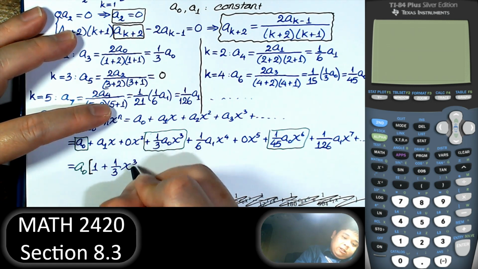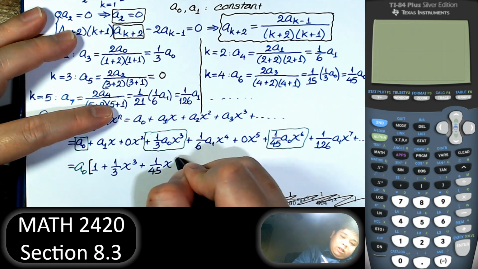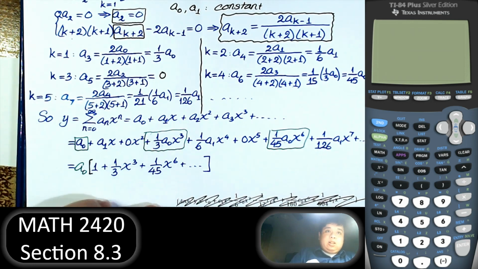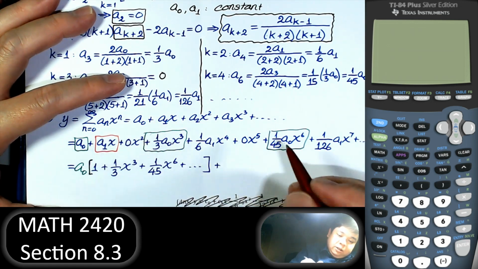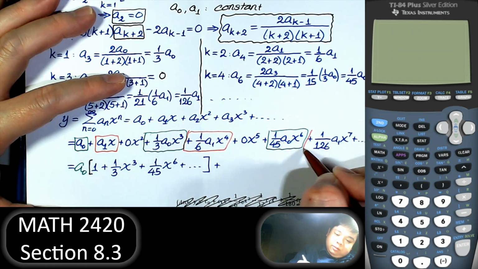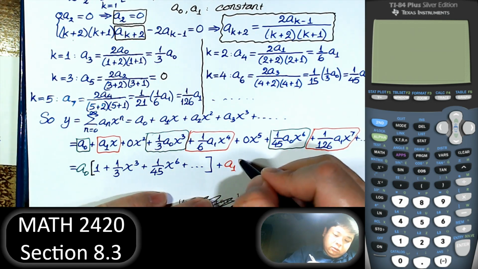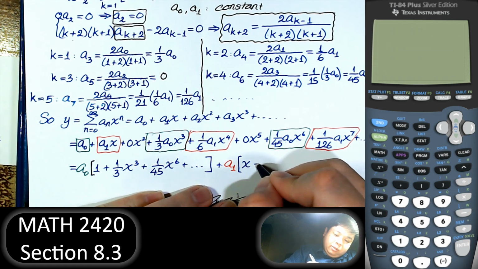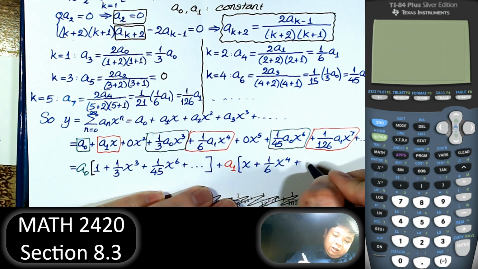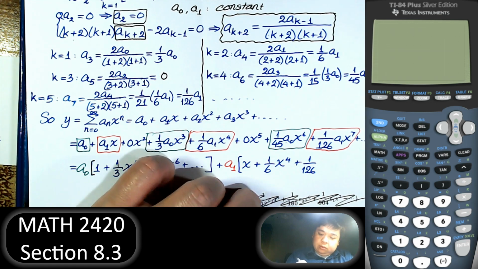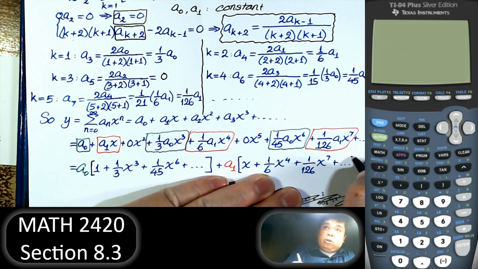Factor out a0 and 1/45 x to the 6, because this can continue going, and then the others, a1 factor out x, 1/6 a1 factor out, 1/126 a1 factor out x to 7, and keep going.